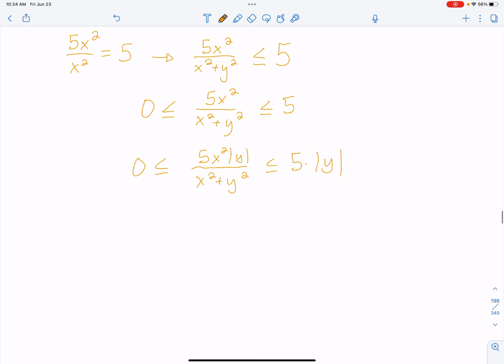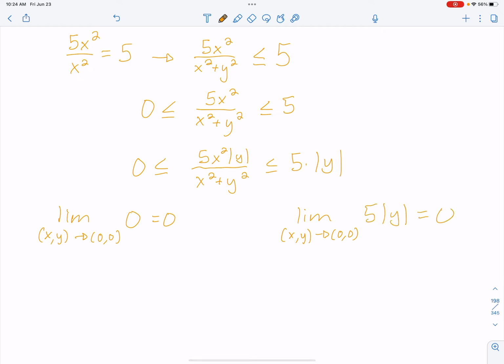Okay, so here's the deal now. Notice that the limit as xy goes to 0, 0 of the left side, I get 0. The limit as xy goes to 0, 0 of 5 times the absolute value y goes to 0.